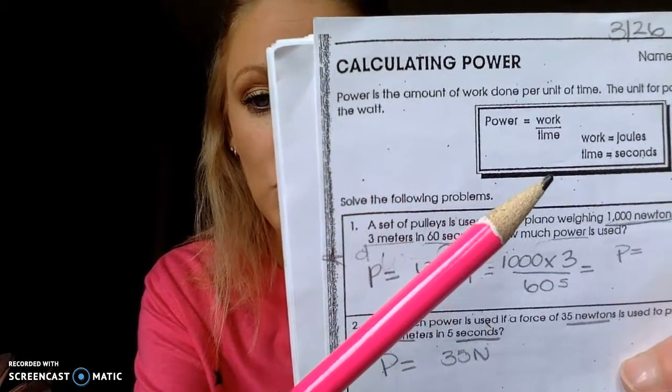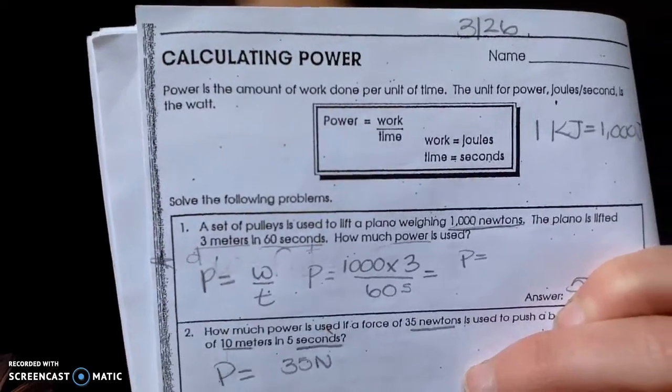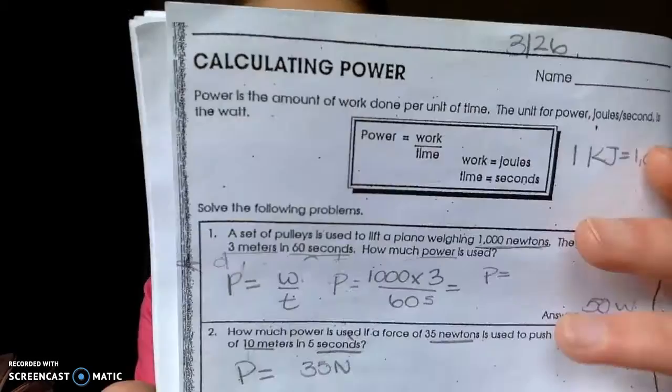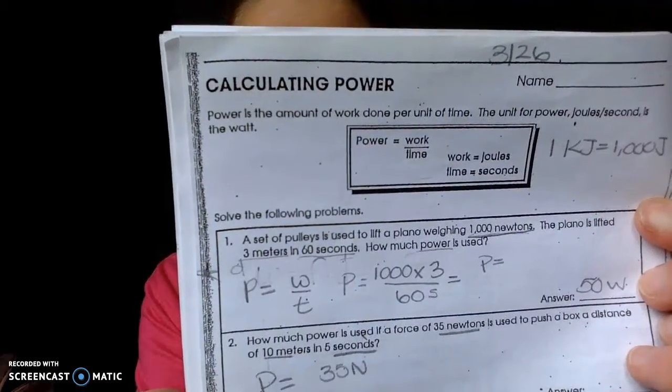Work is always in joules and time is always in seconds. Also, 1 kilojoule equals 1,000 joules. So there is a problem in this that we're going to have to convert over, but we'll do that together. Okay? Make sure if I'm going too fast that you're pausing your video and keeping up and replaying what you need to so it makes sense to you.